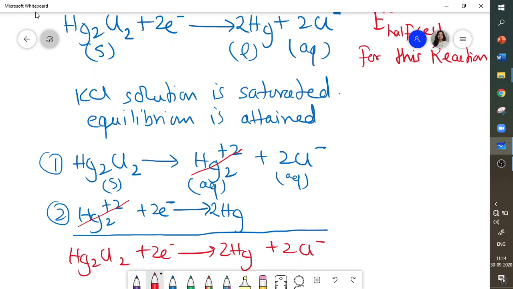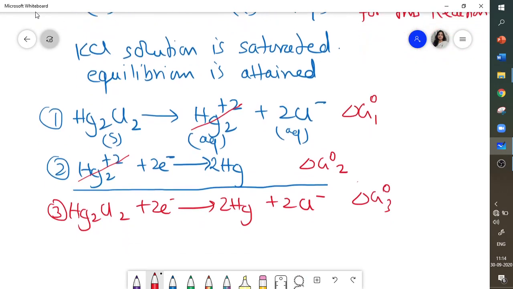Now suppose for this first one we are taking delta G naught 1, for this delta G naught 2, and for the third one, the third equation, equation 3, we are taking delta G naught 3.